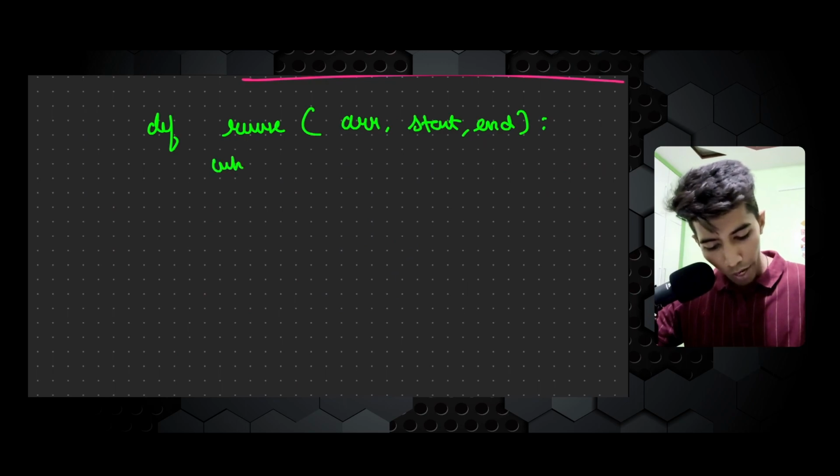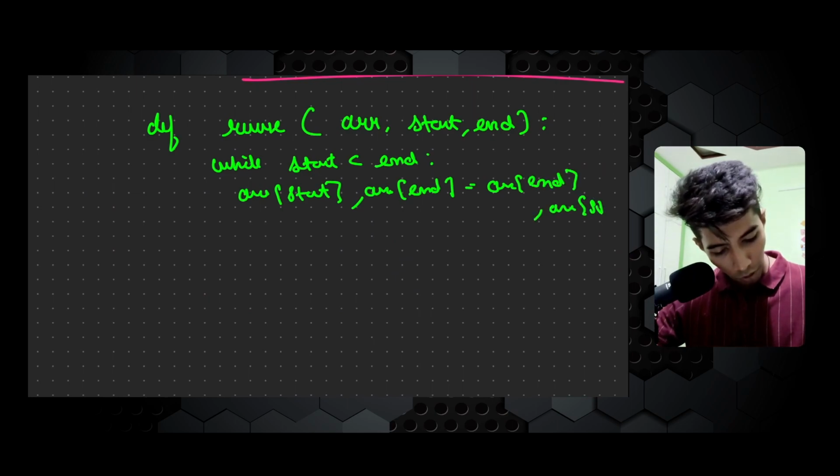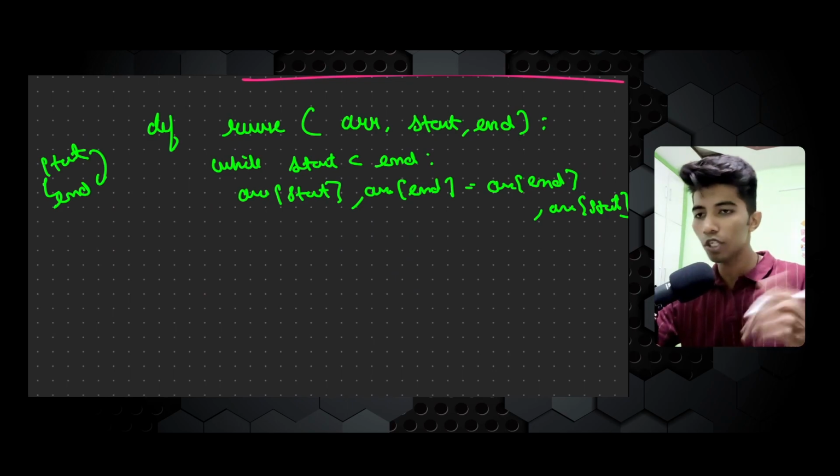While my start becomes lesser than my end, simply I have to swap the start and end values, that is, swap array of start with array of end. This is how we will be swapping the values.